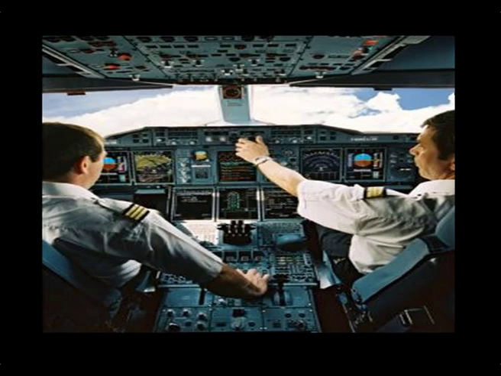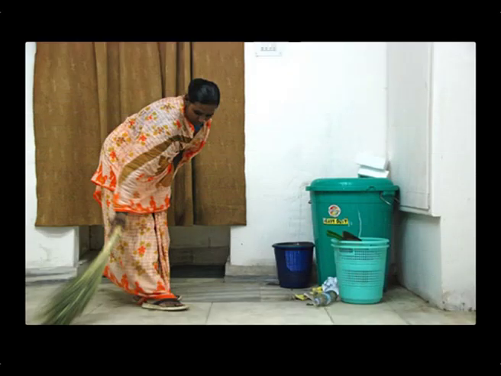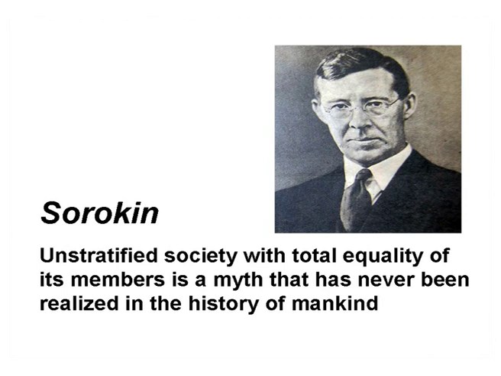Even primitive societies had differentiation on the basis of sex, age or occupation. Therefore, unstratified society with total equality of its members is a myth that has never been realized in the human history.